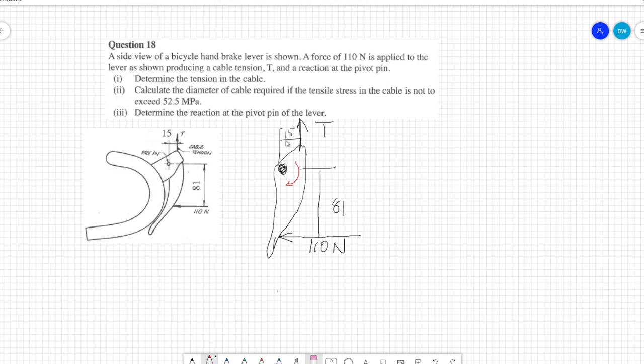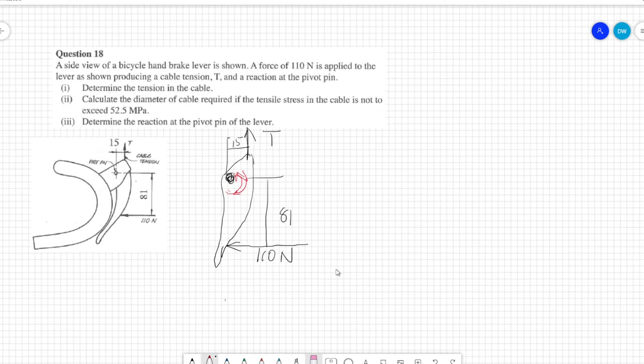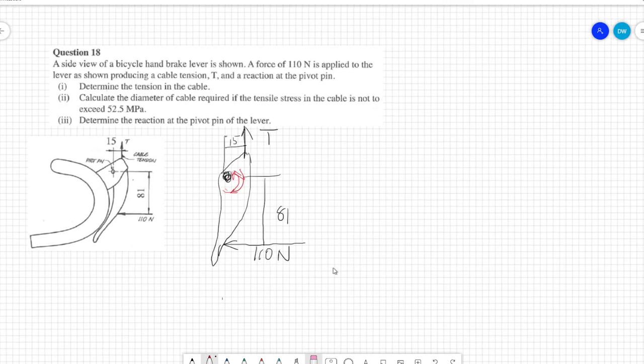So T times 15 creates a moment that goes the opposite direction, counterclockwise, which cancels out the clockwise rotation caused by the 110 Newton force. So that's our equilibrium.